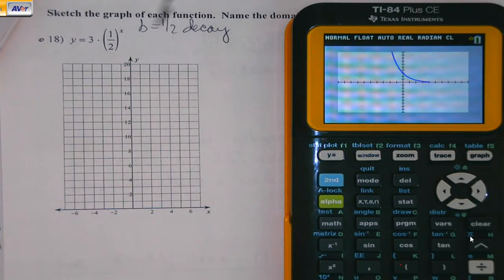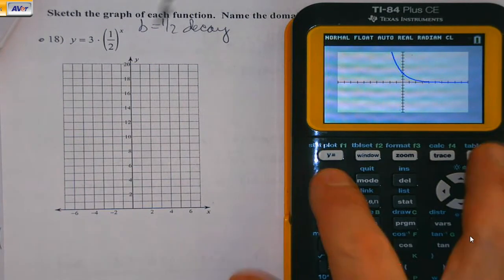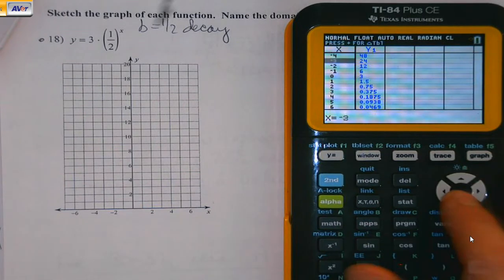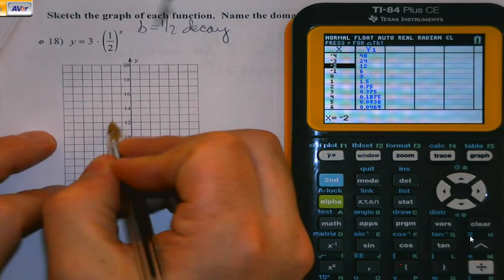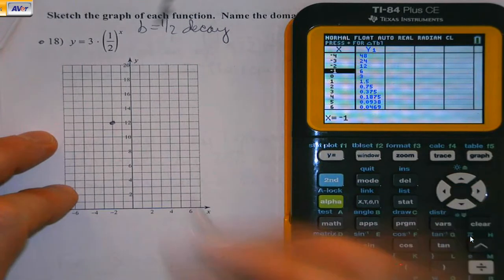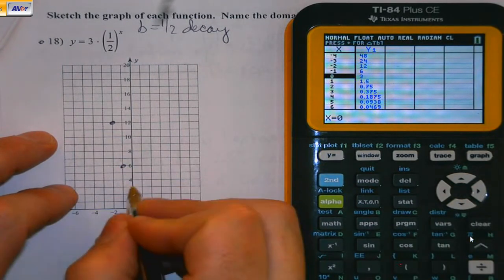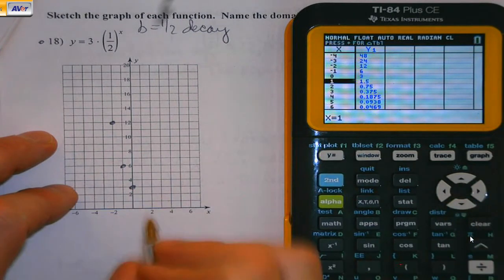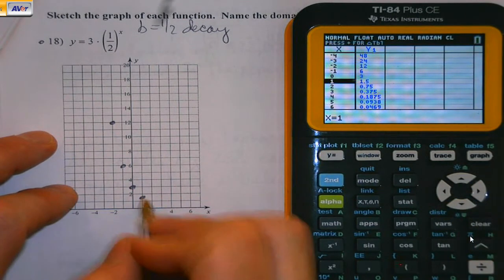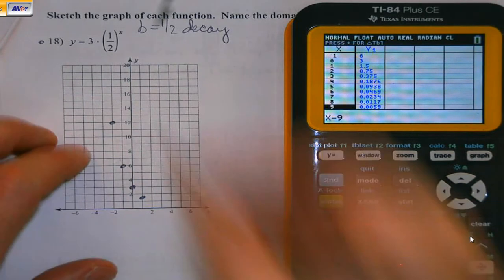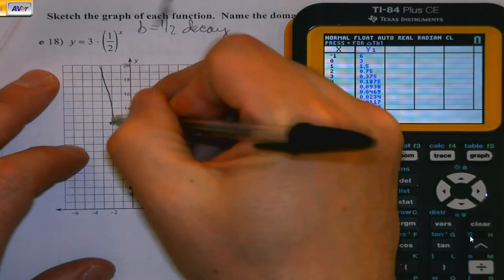I was a little nervous for a minute. There's my graph. Okay, so I'm feeling pretty good. Now, this won't necessarily always give me a ton of whole numbers, but I'm not just going to sketch the graph and be like, well, whatever, I'll just plot some points. I need to pay some attention to what I'm doing here. Because as I go down, I notice I'm getting really, really close to 0.